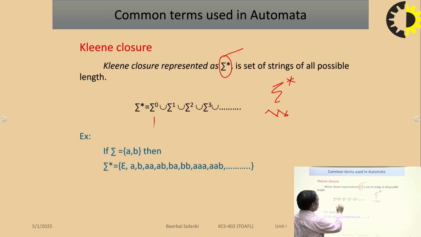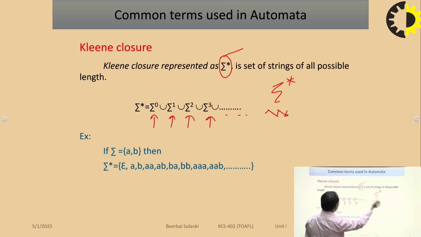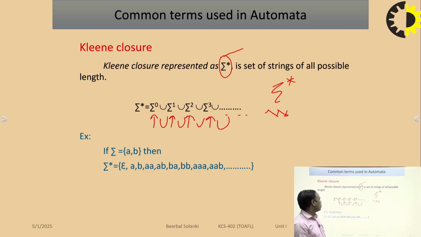It means that over the alphabet, the strings can have length 0, length 1, length 2, length 3, and so on. It is the union of all the strings.